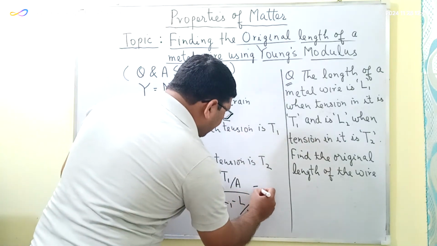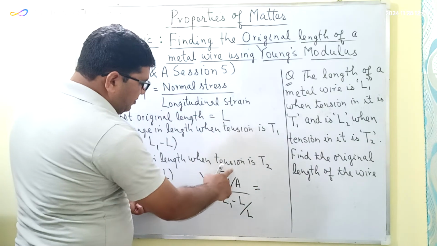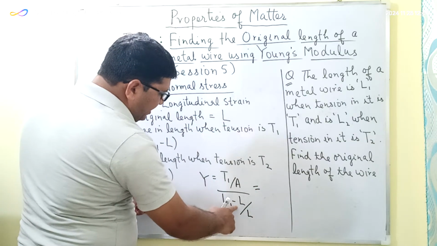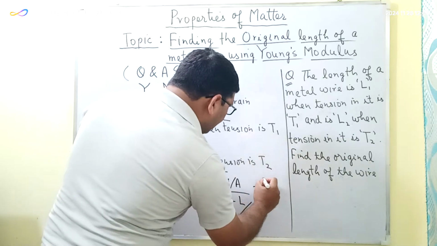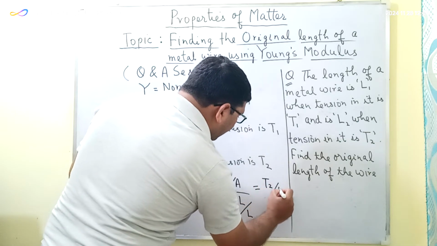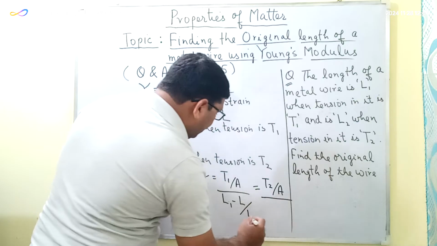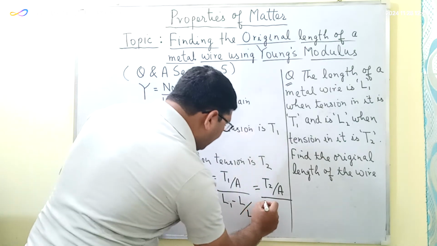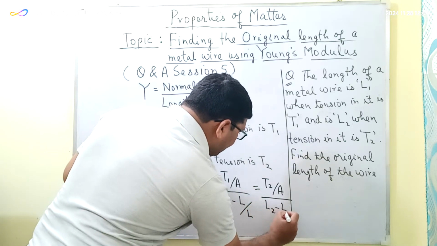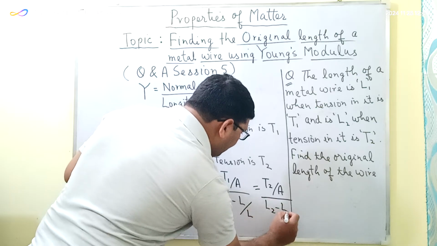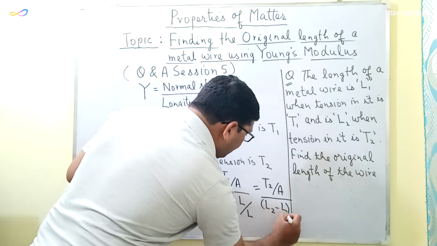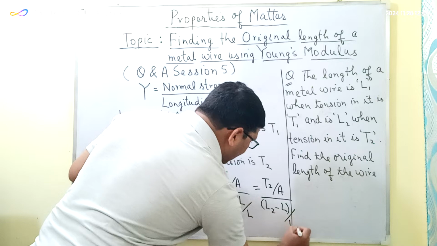So I can simply write that Y is equal to T1 divided by A divided by L1 minus L divided by L, and this will be equal to T2 upon A divided by L2 minus L divided by L.